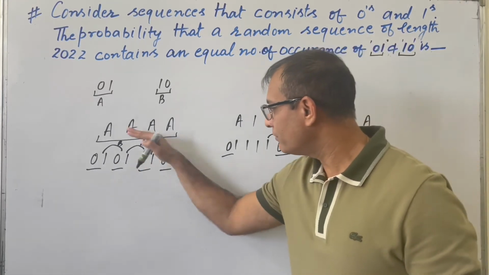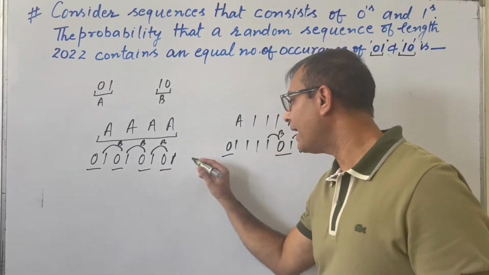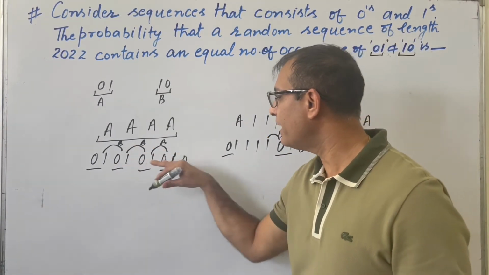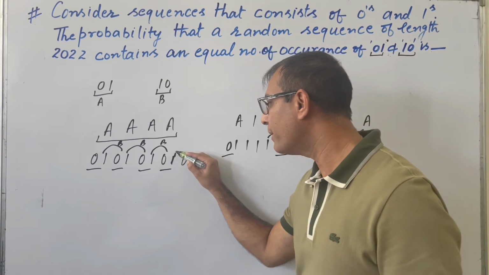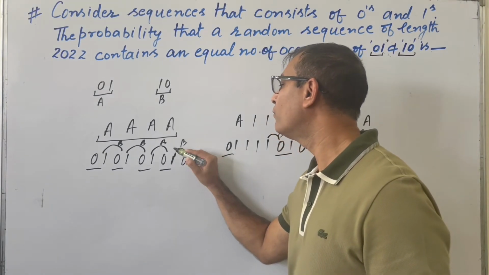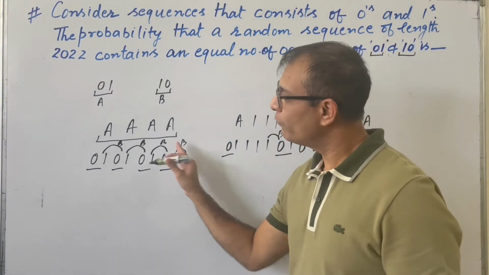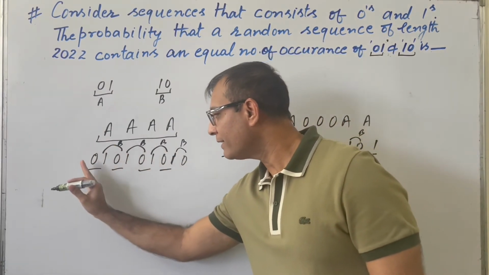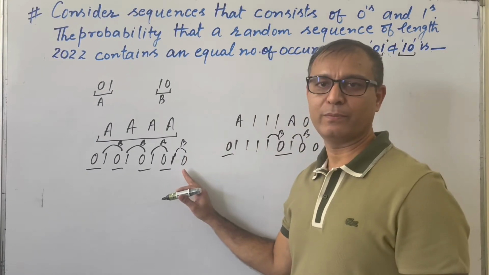Okay. So in this string, if we add 0 in the end, what will happen? We will get 4 B's. So 4 A, 4 B. And what is happening? We are starting with 0, ending with 0.